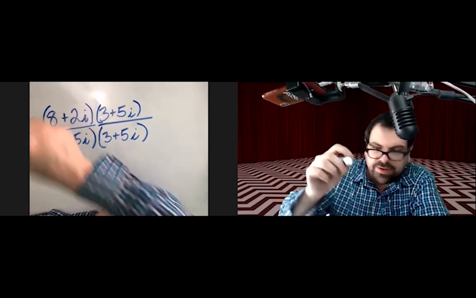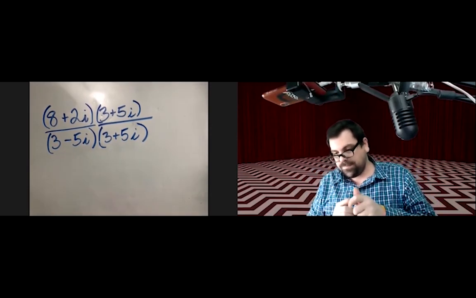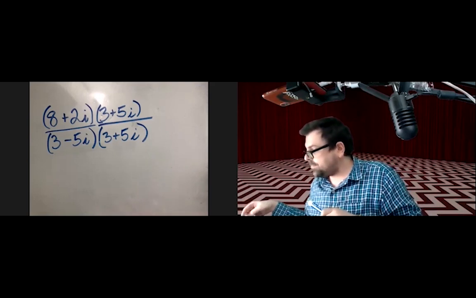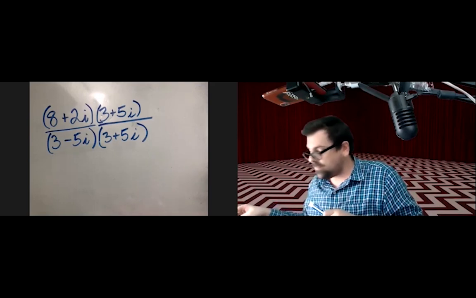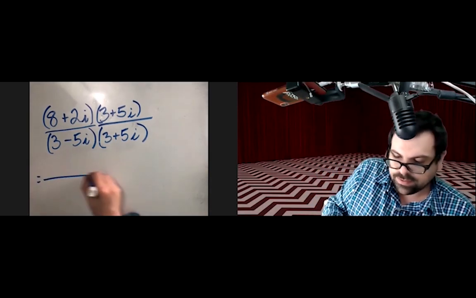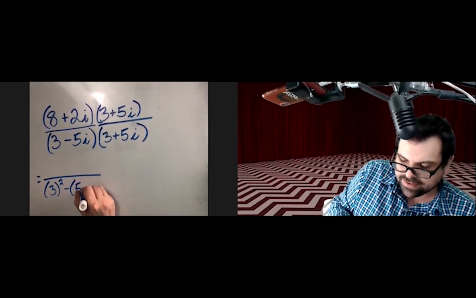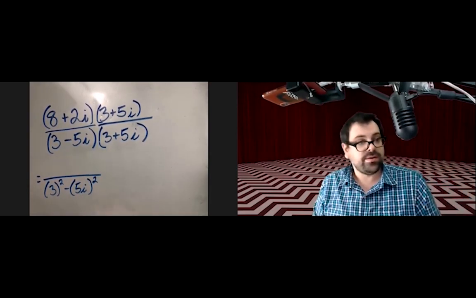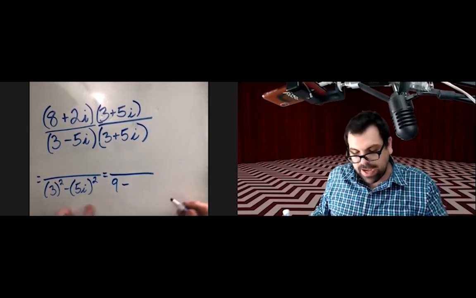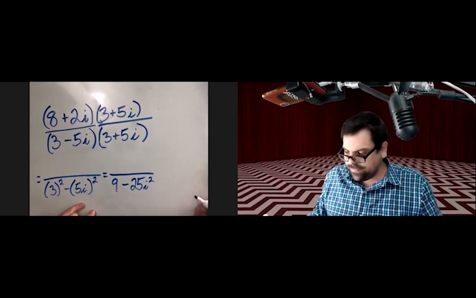And might as well put that in parentheses because we have to FOIL up there. On the bottom, we have a difference of squares. First thing squared, 3 squared, minus second thing squared, 5i squared. That will be 9 minus 25i squared.